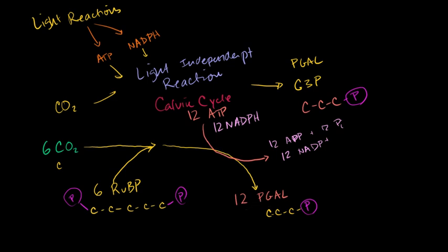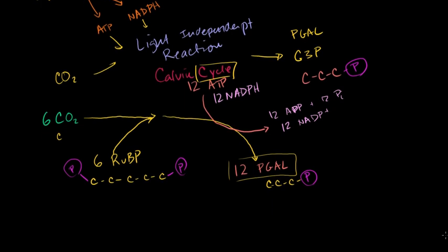So then we have these 12 pGals. Now, the reason why it's called a Calvin cycle, as you can imagine, we studied the Krebs cycle. In cycles, we start reusing things. The reason why it's called the Calvin cycle is because we do reuse most of these pGals. So of the 12 pGals, we're going to use 10 of them.